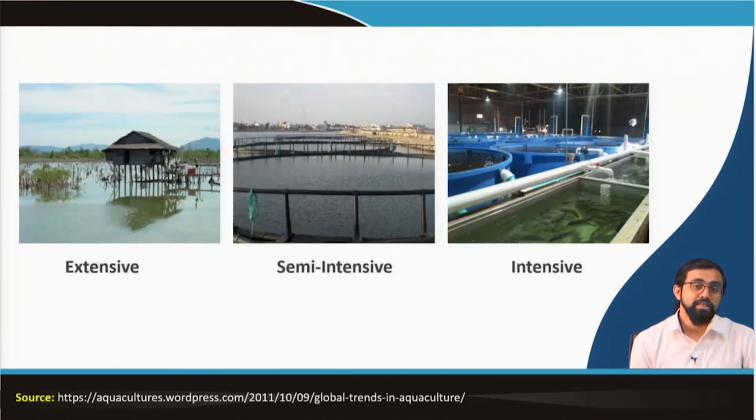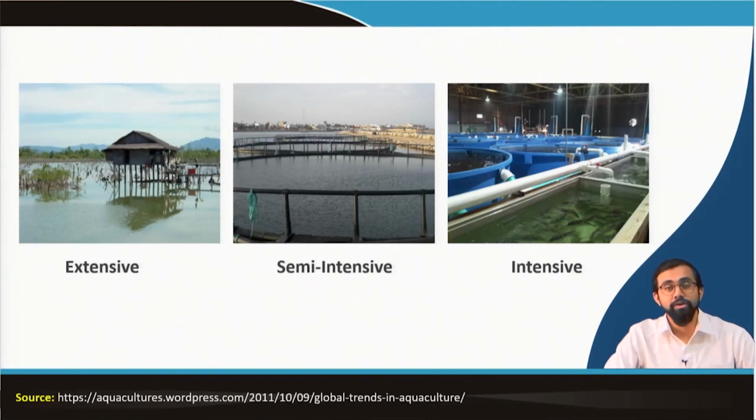In extensive, semi-intensive and intensive aquaculture, you can see from the figure itself how it looks. In intensive aquaculture systems, we need to go ahead with more anthropogenic developments: more reactors, more tanks, raceways or ponds, whichever we are utilizing.